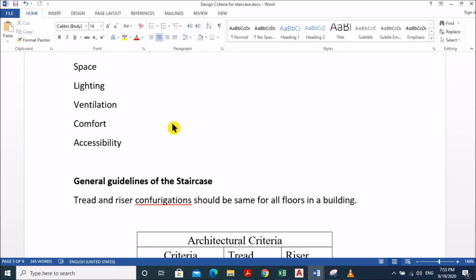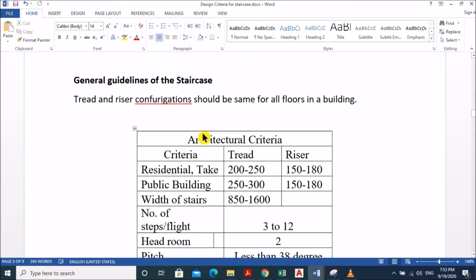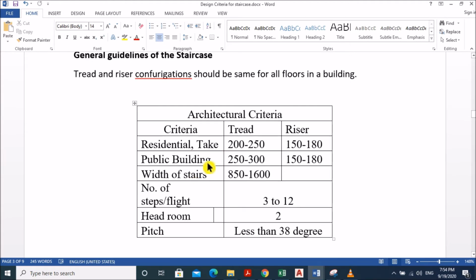The general guidelines of the staircase. For the architectural plan, some guidelines have been provided by the code, IS 456. Tread and riser configuration should be the same for all floors in a building. It means the tread and riser should be of the same configuration. And architectural criteria for residential buildings: the tread should be 200 to 250 mm, and riser should be 150 to 180 mm.